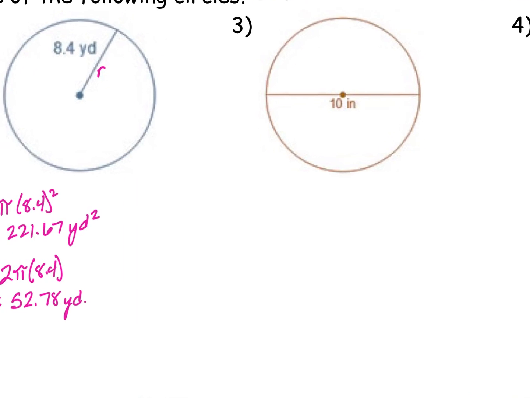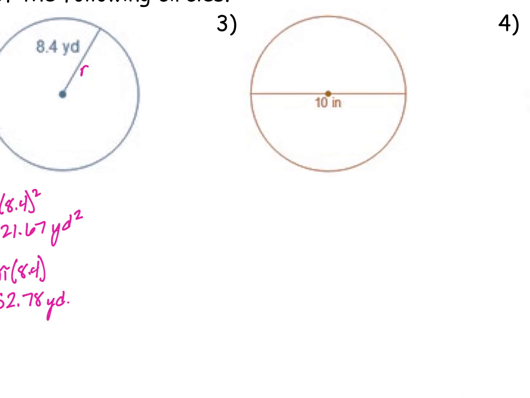Now they've given me the diameter instead of the radius, and my diameter equals 10. So if my diameter equals 10 inches, what does my radius equal? Yes, good, 5 inches. So I'm still doing the same thing.